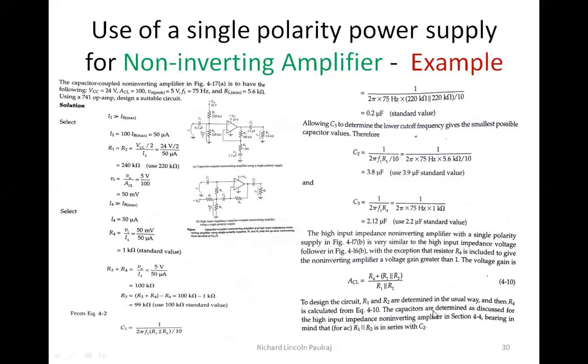So we solved a problem as well. We saw how we were able to take I2, and we took IB max to be 500 nano, right? And then we multiplied it with 100. So that gave us I2. We solved the value for R1 and VI, similarly R4 and R3. C1 we had a standard formula, right? So we just substituted.